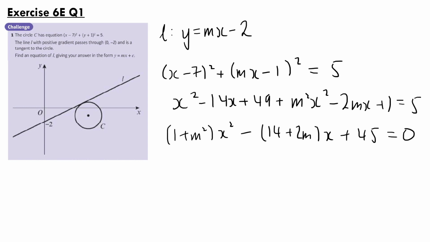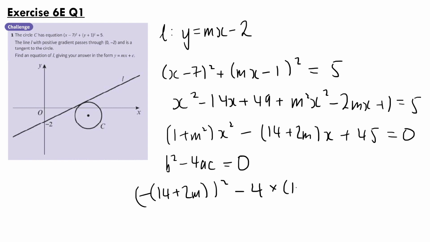And we know that there must be only one solution because the line is a tangent, so there's only one point of intersection. So we can use the discriminant, b² − 4ac, and we know that must be equal to 0. So we have (14 + 2m)² − 4 × (1 + m²) × 45 has to be equal to 0.